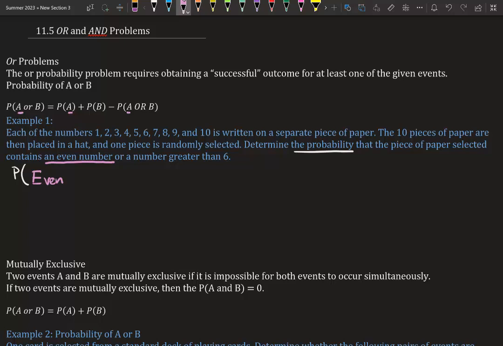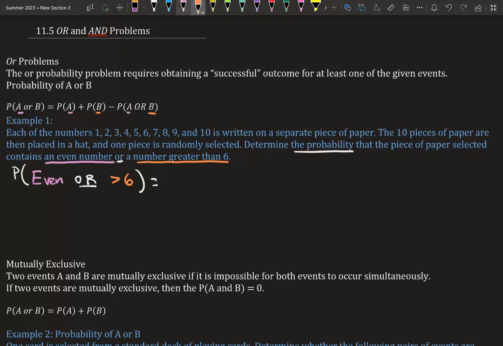And then we have or a number greater than 6. You can literally write out that phrase, or you can say greater than 6. Okay, and that's our B.